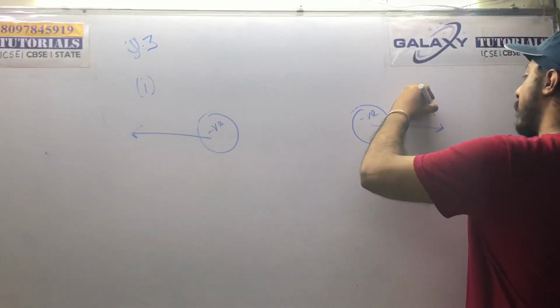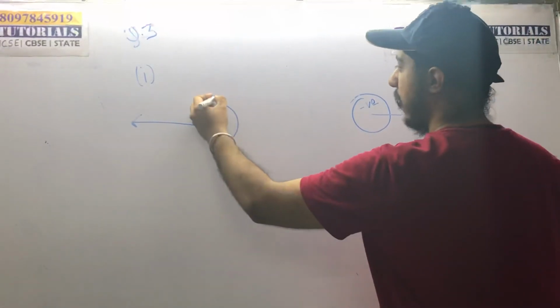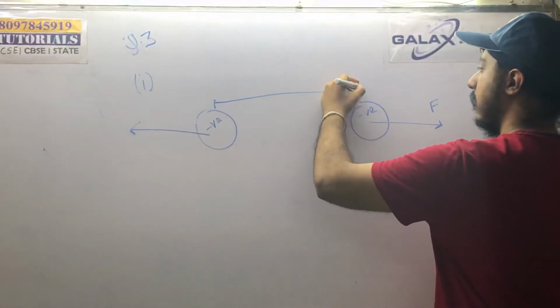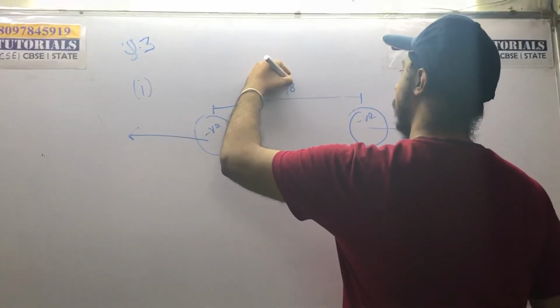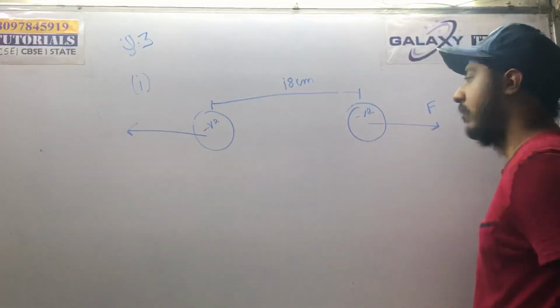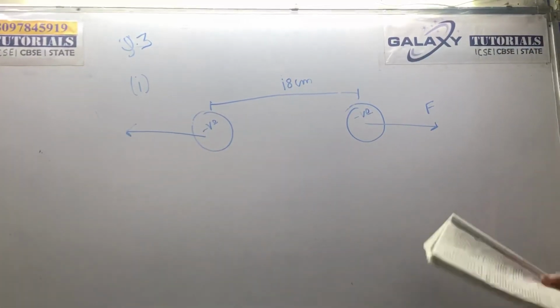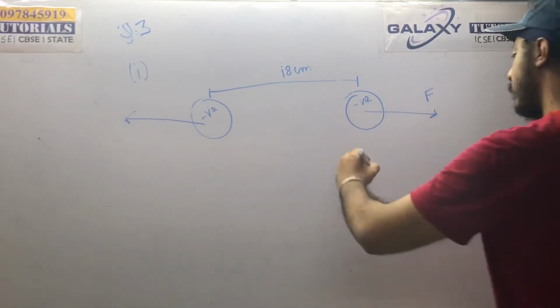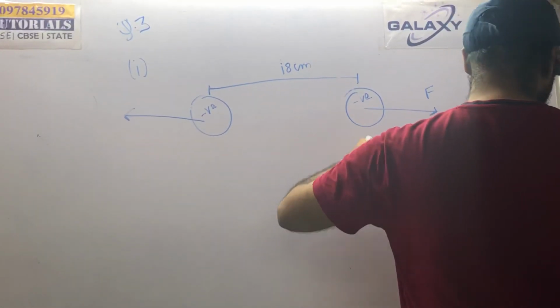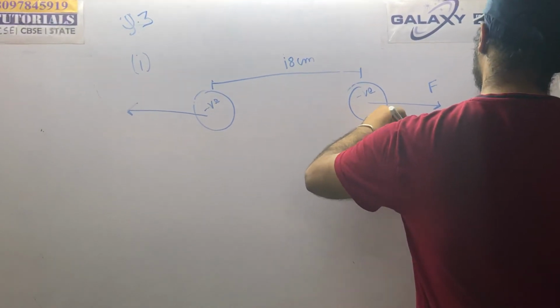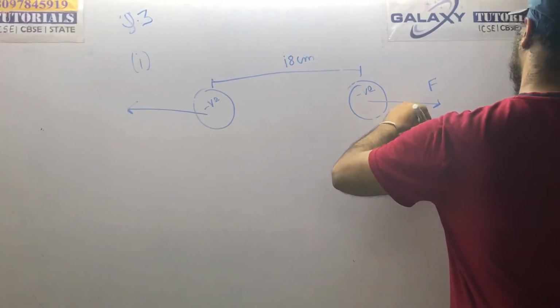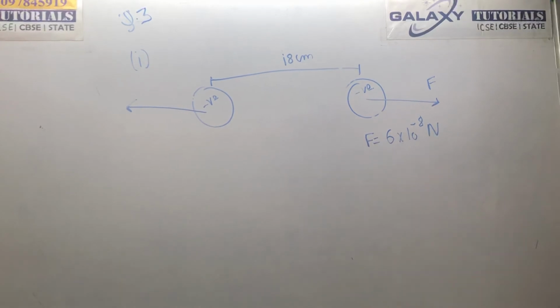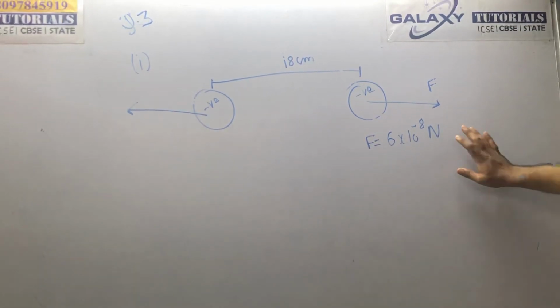They will repel each other, and there is a separation of 18 centimeter between both of them. And the value of the force is given, 6 into 10 raised to the power minus 8 Newton.